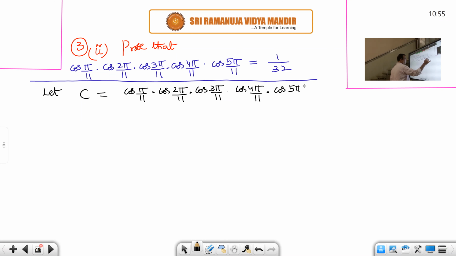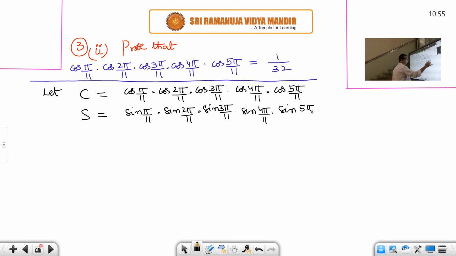Next what, Madhuri? Sir, S is equal to sine pi by 11 into sine 2 pi by 11 into sine 3 pi by 11 into sine 4 pi by 11 into sine 5 pi by 11.